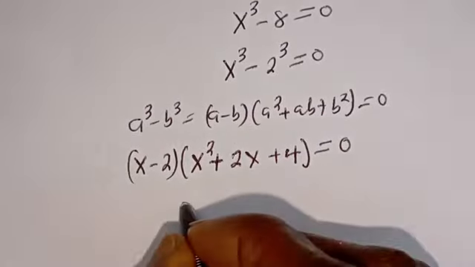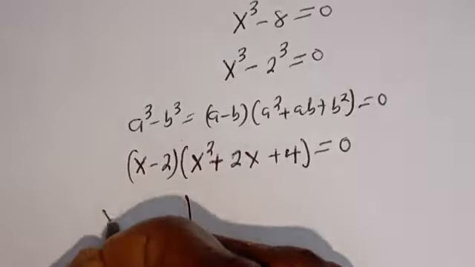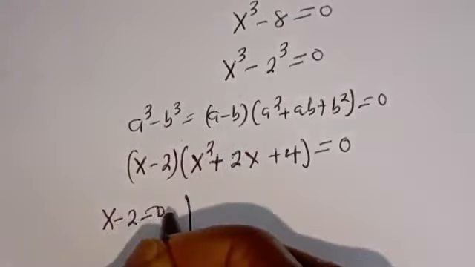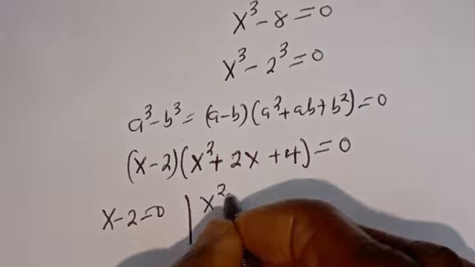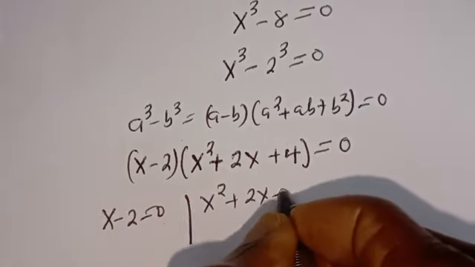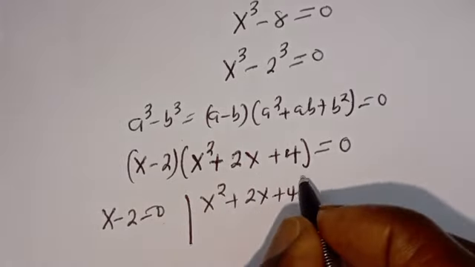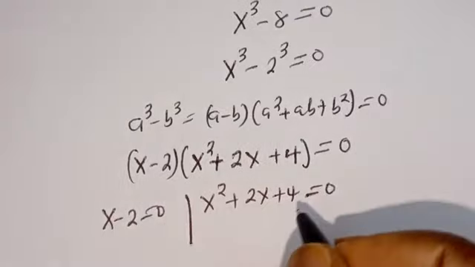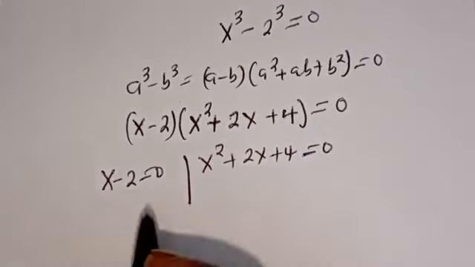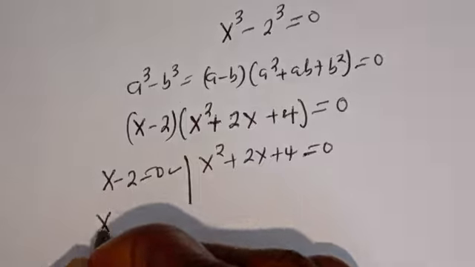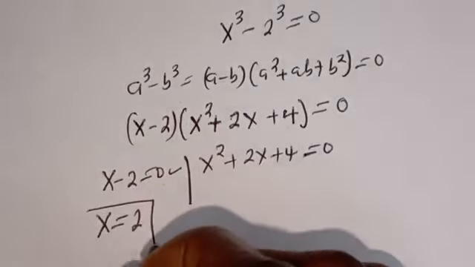Now we have two cases here. The first case is s minus 2 equal to 0, and the second case s square plus 2s plus 4 is equal to 0. Now from the first case here, s is equal to 2.